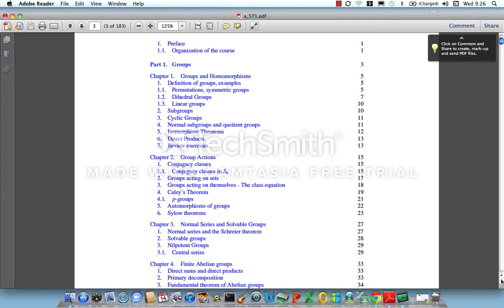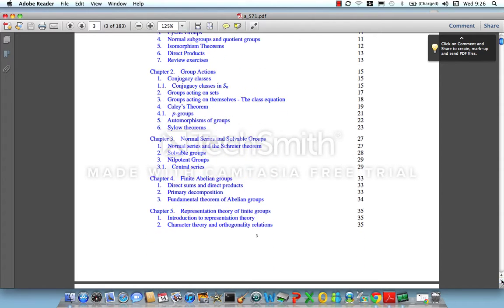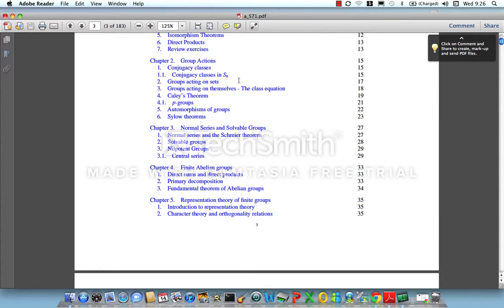Then the second chapter is rather important because I don't know how much of this is really done at the undergraduate level, but it depends where you took the course and who taught it. I will discuss in detail group actions because they are very important, not only in group theory, but also in applications of group theory to other branches of mathematics.